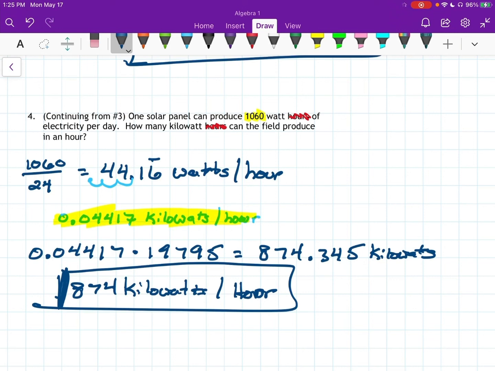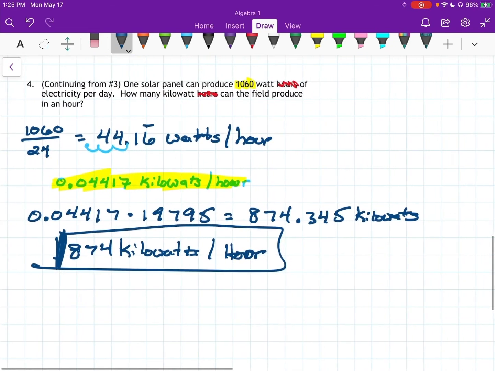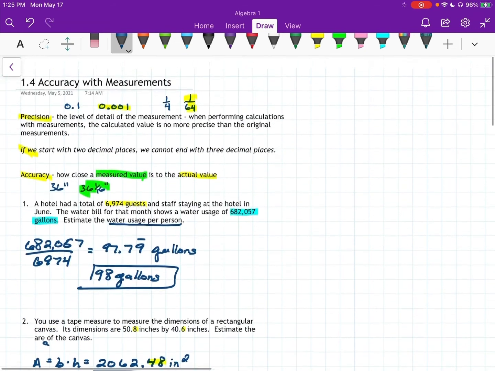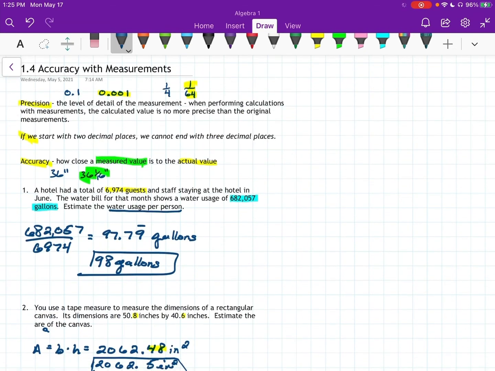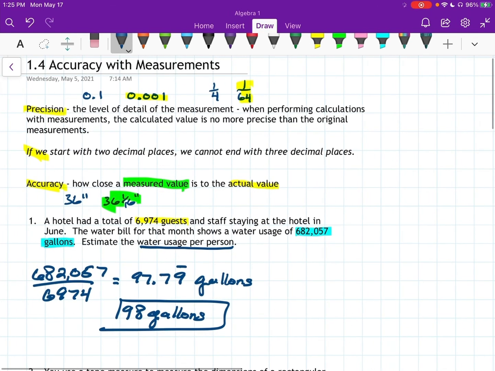And I believe there is a problem similar to this on the homework. I think it might even use some of these same numbers, so make sure that you have that. Now, just to remind us, we're talking about precision and accuracy. A lot of the time, precision and accuracy is kind of muddled in with the term estimate or round, you know. And a lot of the times I use those words, but they're a little bit different.